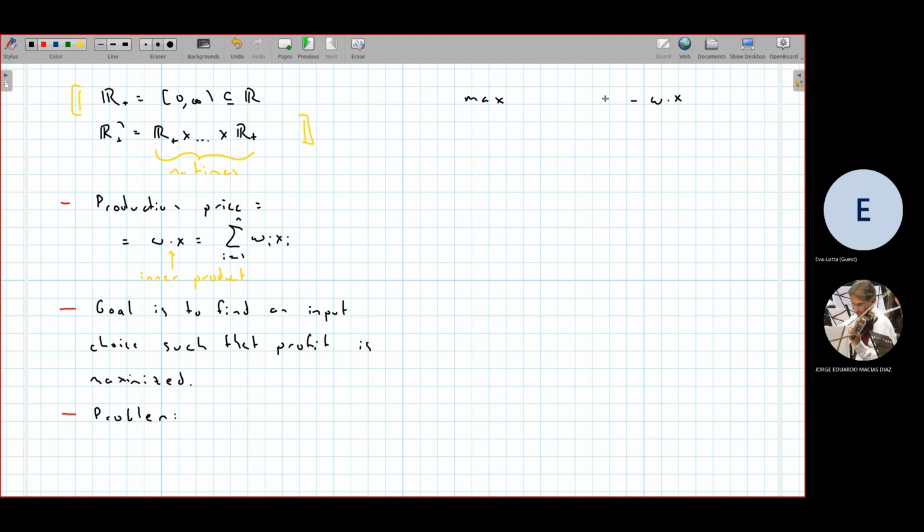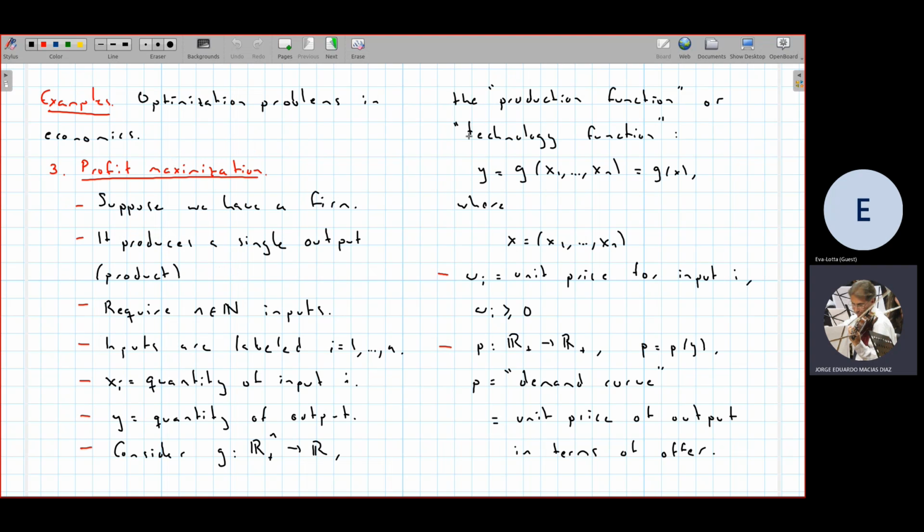And now the gain, the income. So you see the function g, the production function, tells us how many outcomes y we produce.